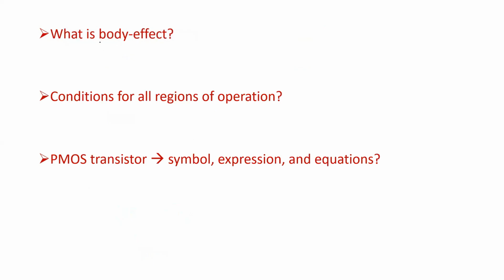So what is the body effect? You all know that when your body and source are not at the same potential, the body-source potential is non-zero. Usually we connect the body to ground for NMOS and the body to VDD for PMOS.